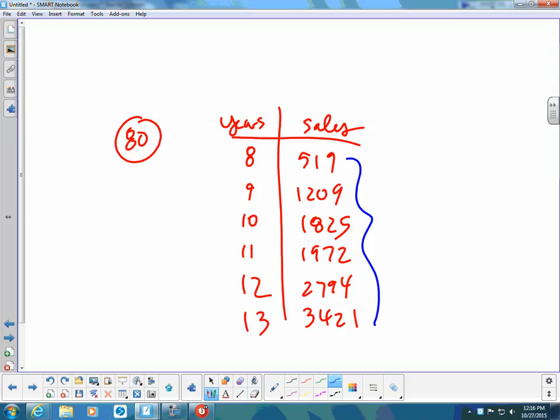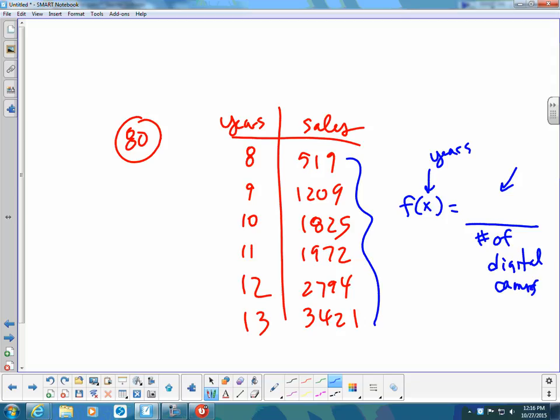And then for part B, it says if f inverse exists, what does it represent in the context of the problem? Well, if we were to write a function f of x equaling something, then x would be the number of years. You plug in the number of years, and I'll tell you the number of digital cameras sold. That would be the original, right? So what would the inverse be?